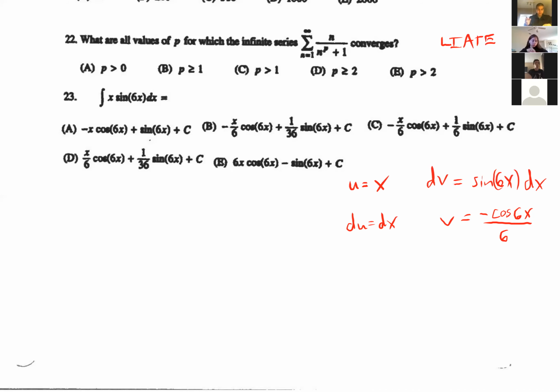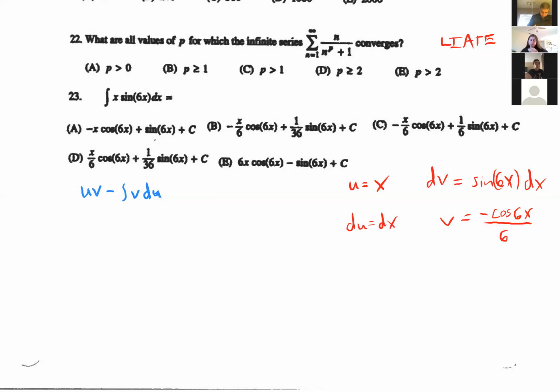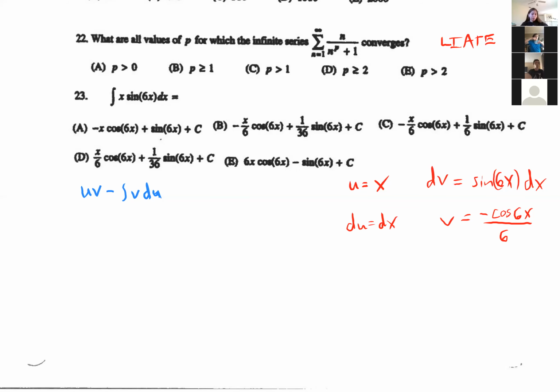So now I'm going to use the formula: uv minus the integral of v du. So u times v is going to be negative x cosine 6x over 6, minus the integral of v du.